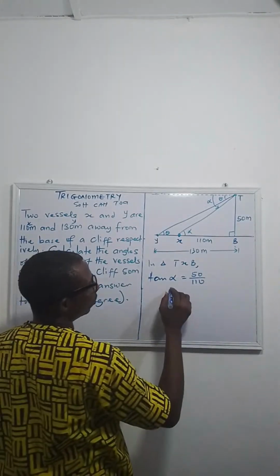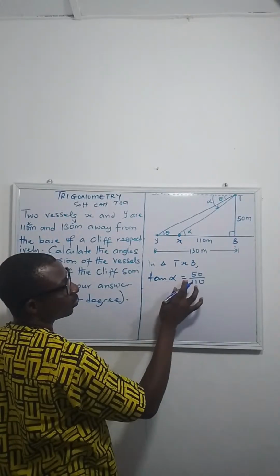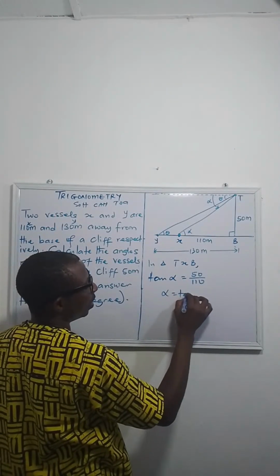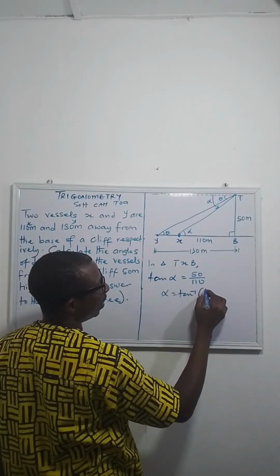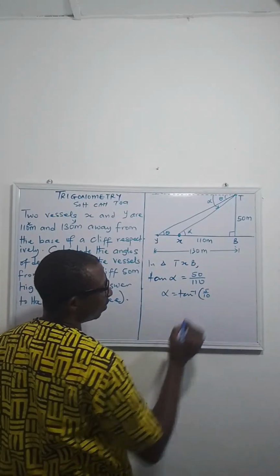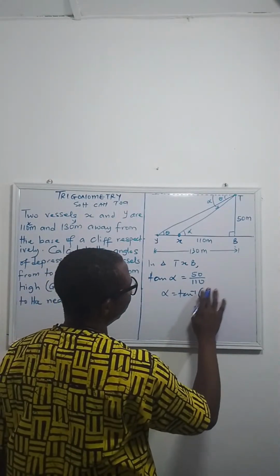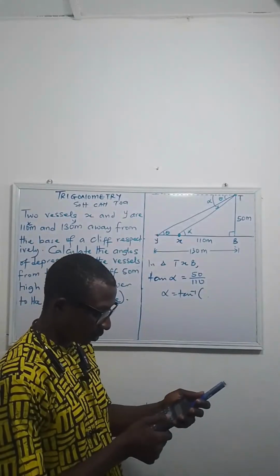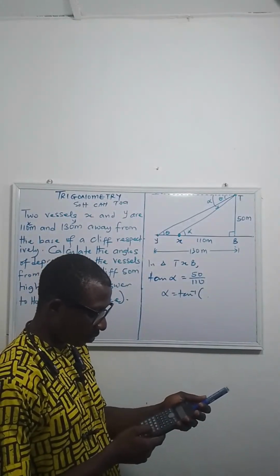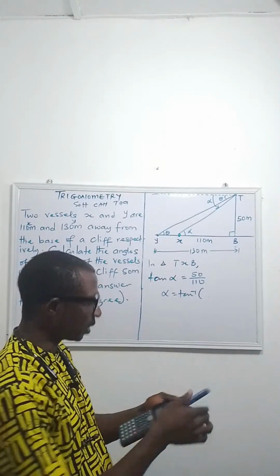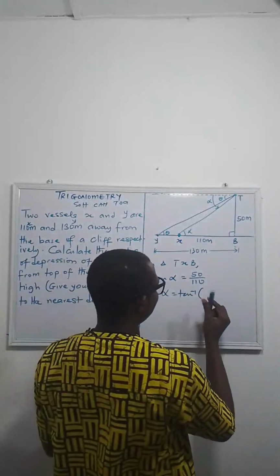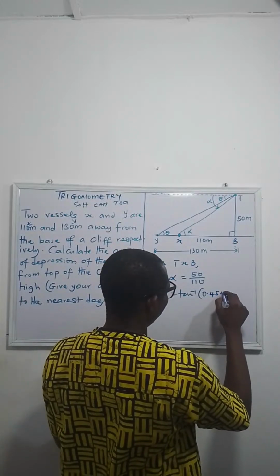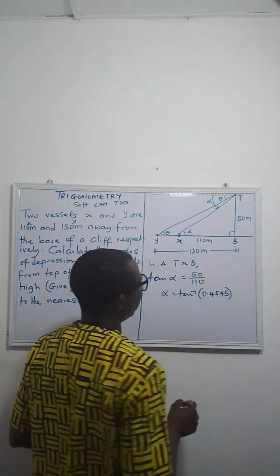So now this tan comes here, becomes arctan. So we have alpha equals arctan of 5 over 11. So what is 5 over 11? Let's divide 50 over 110. So 5 over 11 gives you 0.4545. Right, so that's what we have.